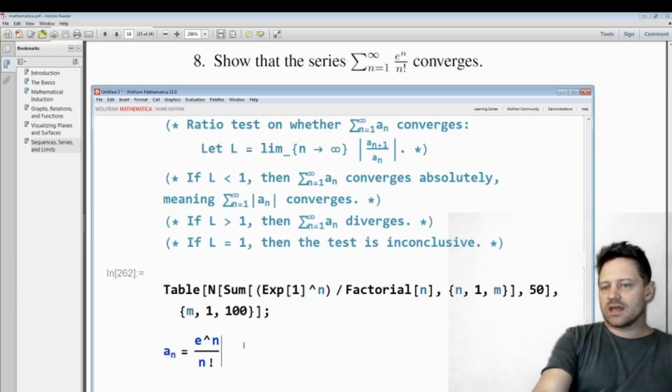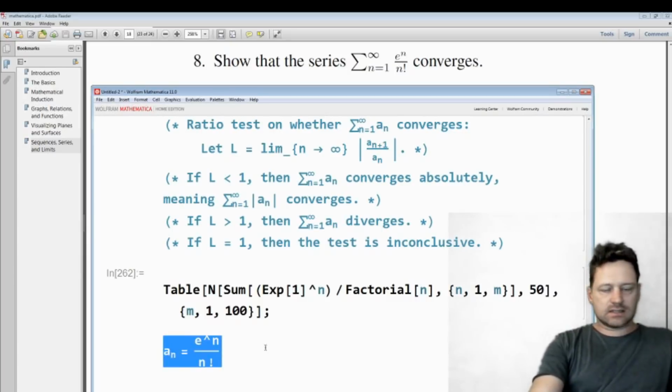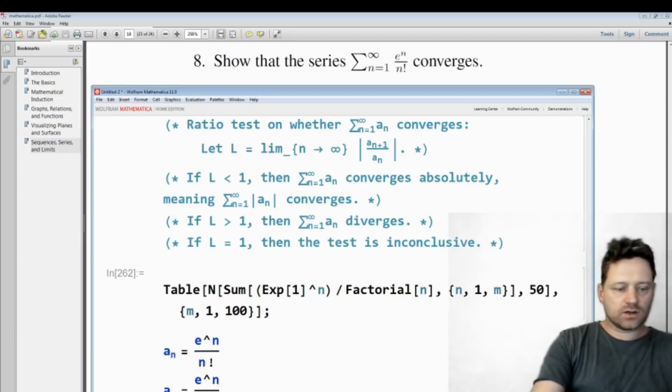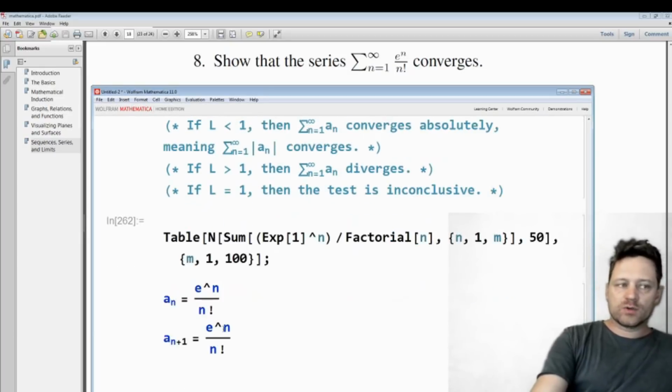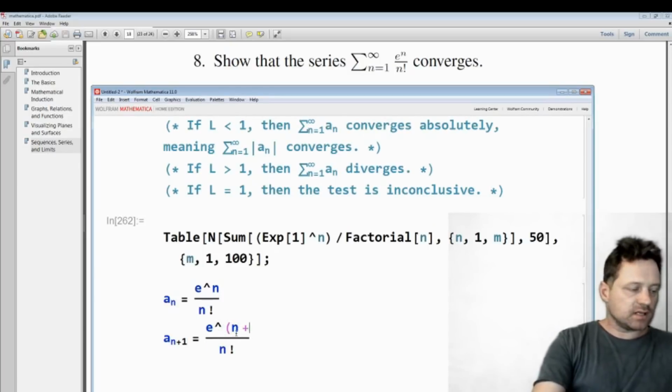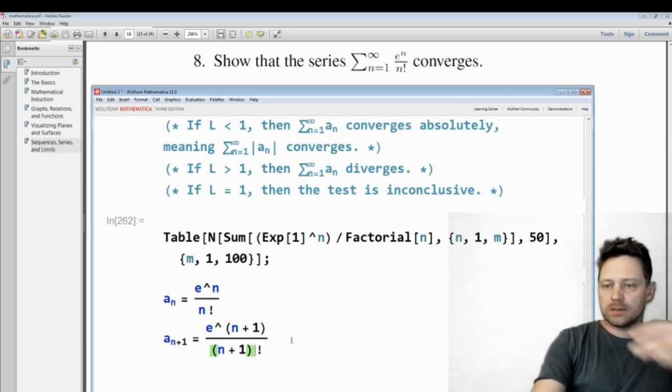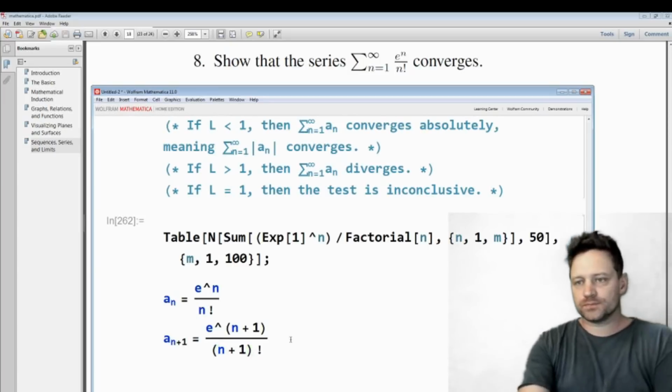So we have a_n is this. Now let's write down what a_(n+1) would be. We would change the exponent to n plus 1, and we would change this denominator to be (n+1) factorial.